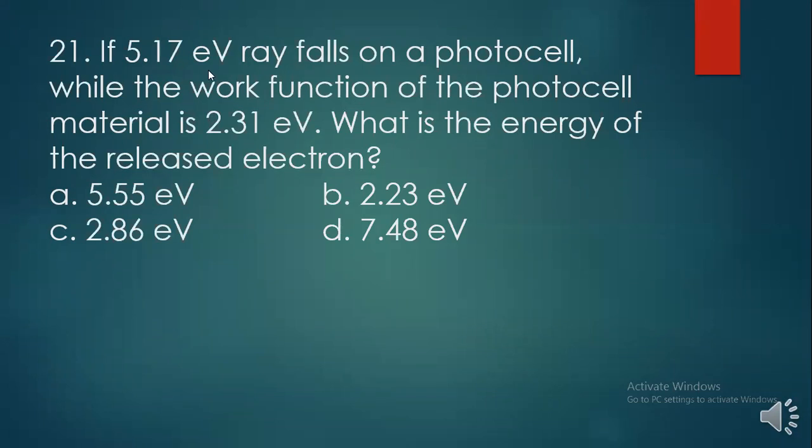If a photon falls on a metal, so this is a metallic plate and there is a photon falling on it, in order for the photoelectric effect to happen, the energy of the photon must be more than the work function of the metal.